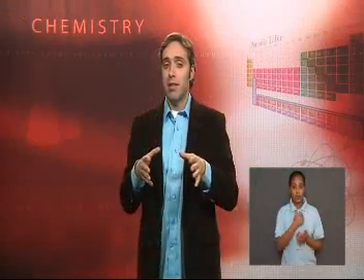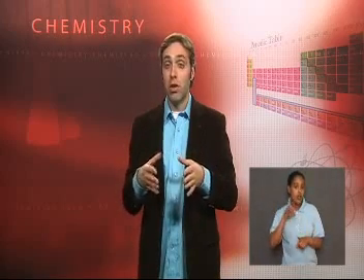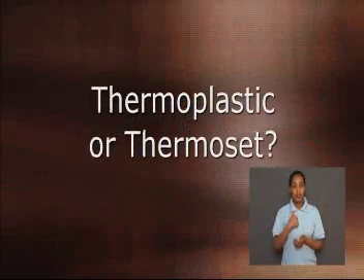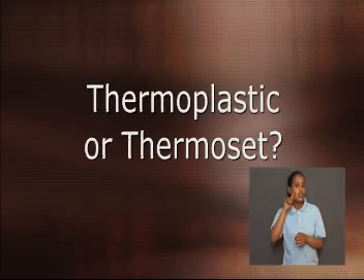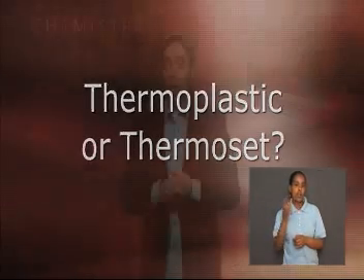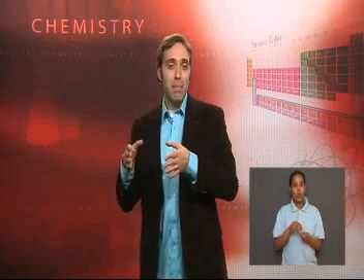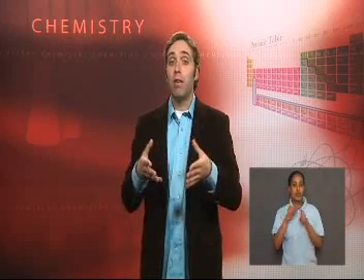We have discussed many different synthetic polymers during this unit, and we have learned if each is thermoplastic or thermoset. Let us learn a bit more about what it means for a polymer to have one of these properties.